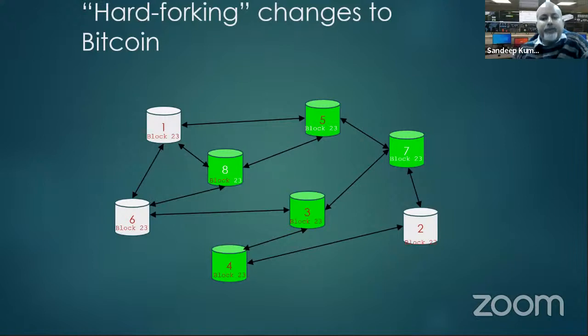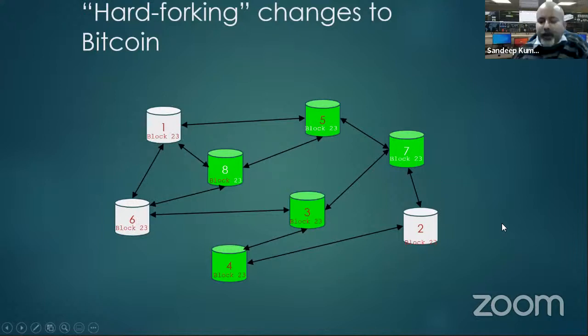Every node has to change its client software, its wallet software, or its mining software, because now the rule has changed, right? So in this picture, let's say these are all nodes participating in Bitcoin. The green nodes are the ones who actually change according to the new rule. And the white ones are lazy or for some reason don't want to change their software.